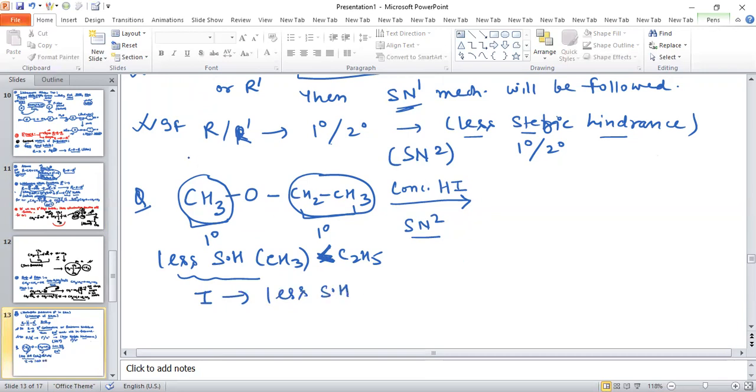So I will go with CH3 and H will go with C2H5. So the cleavage of the bond is in this way. This is CH3I and the other product is CH3CH2OH. Now see another question.